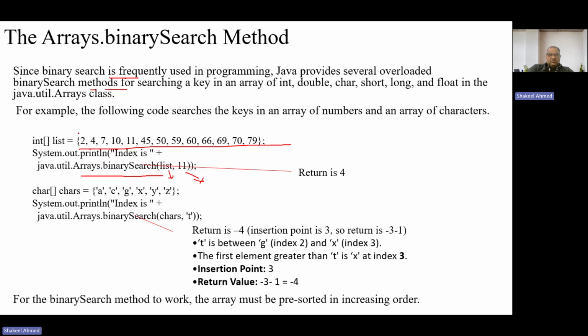The middle element that we have here is 50, and now we are looking for 11. So 11 is on this side of the list.